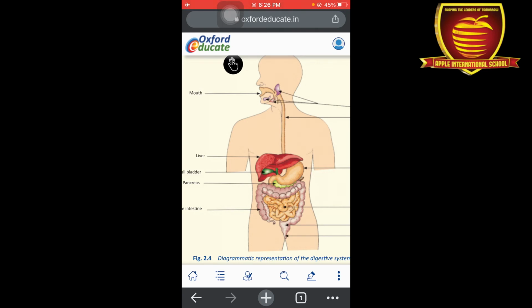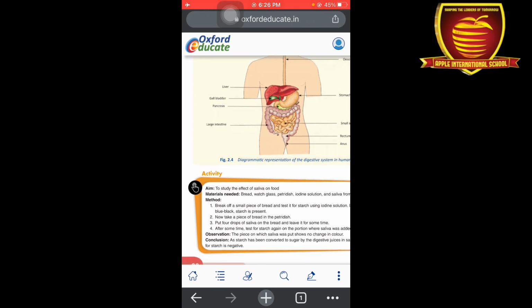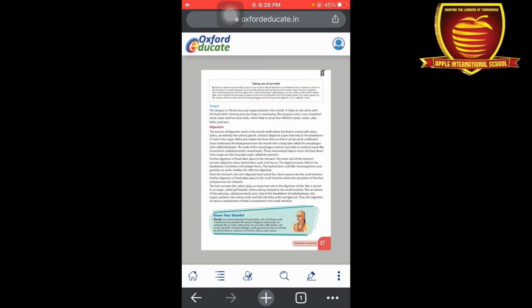So the main function of bile juice is, here you can see, in the last paragraph the liver secretes bile juice which helps in the digestion of fats. ओके, मीन्स ये जो बाइल जूस है वो सिर्फ किसको डाइजेस्ट करने में हेल्प करता है, फैट्स को.